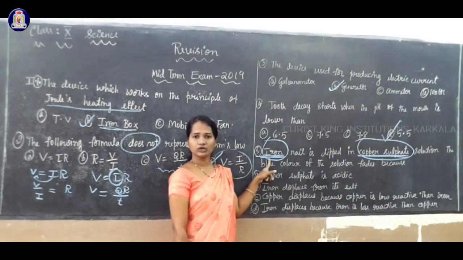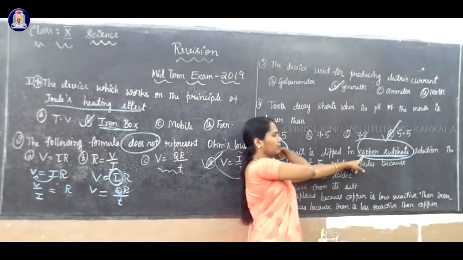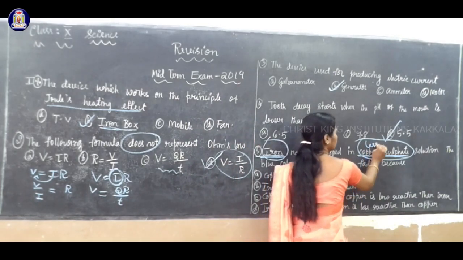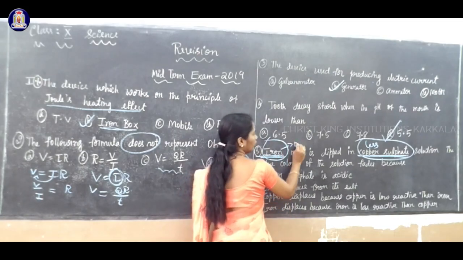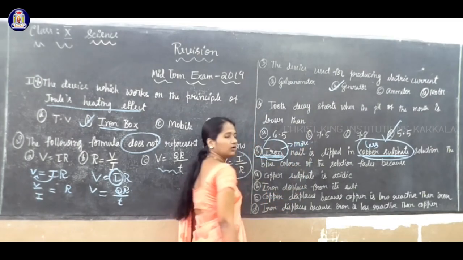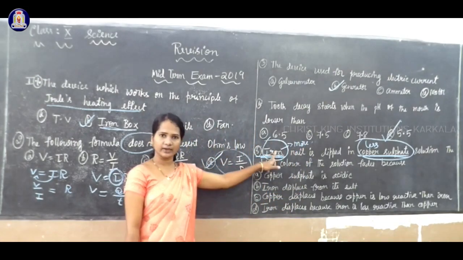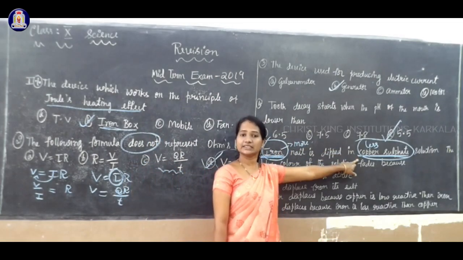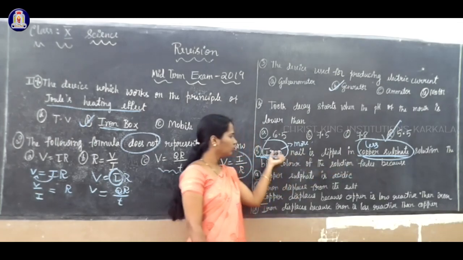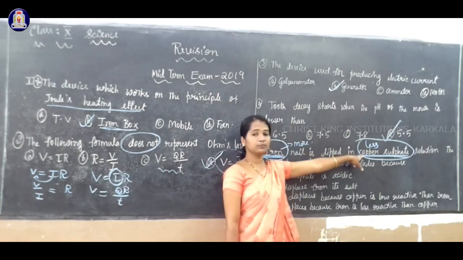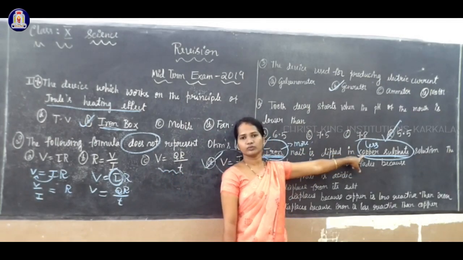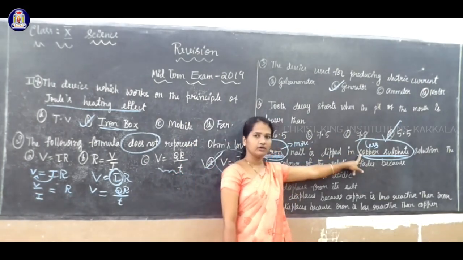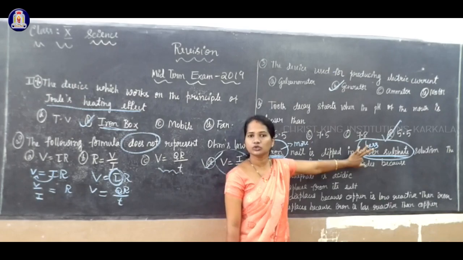When you compare iron and copper, copper is less reactive, iron is more reactive. So, when a more reactive metal reacts with the salt solution of a less reactive metal, then the more reactive metal displaces the less reactive metal. Iron can displace copper from copper sulfate solution.